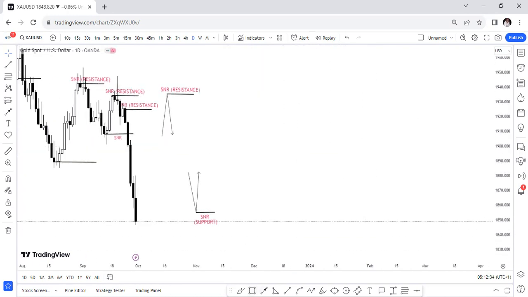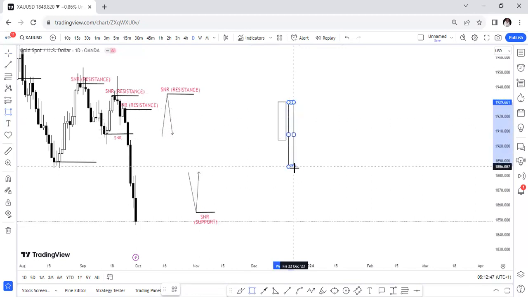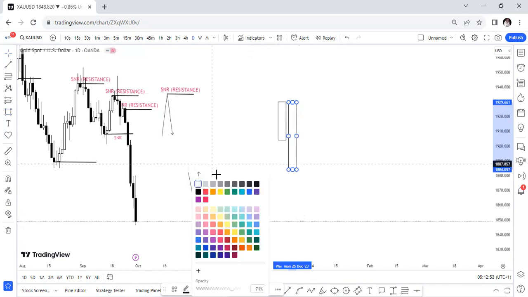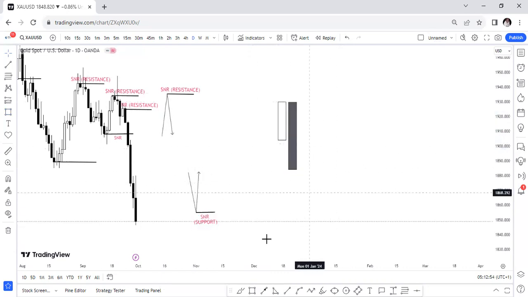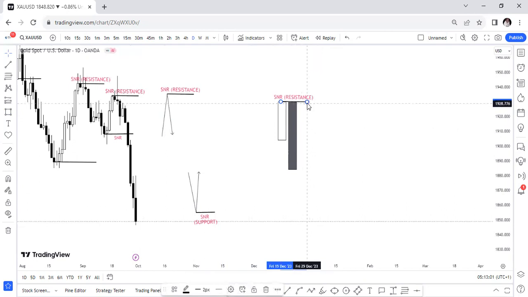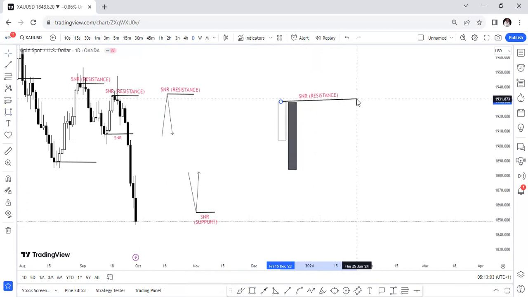So that means this will be here, that is your resistance created by the bullish candle. Then this is the bearish candle. So now this place becomes your level of resistance.